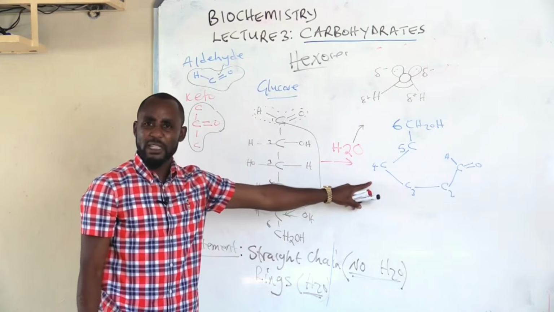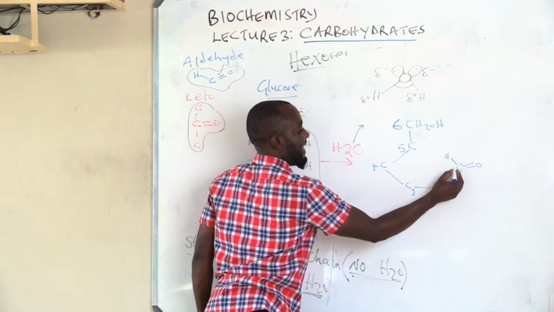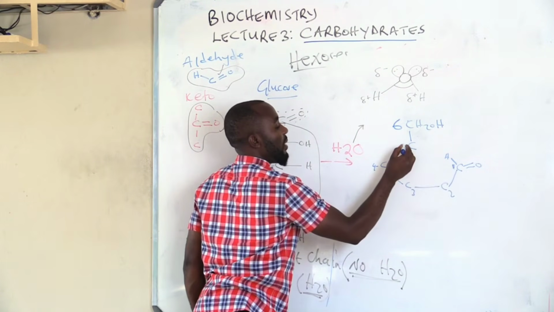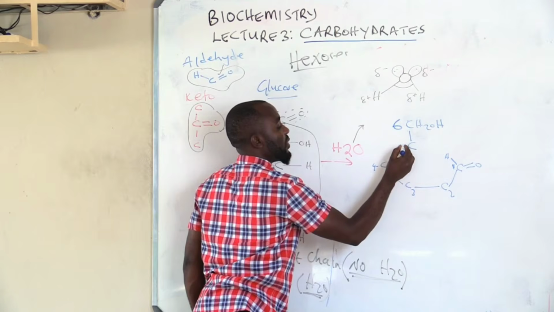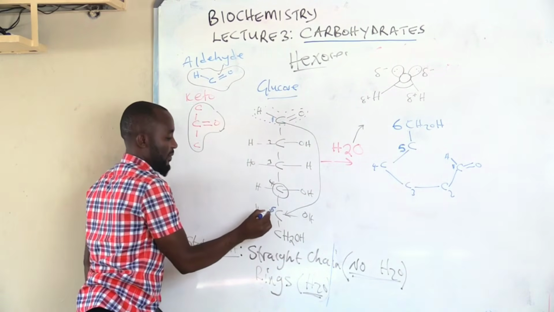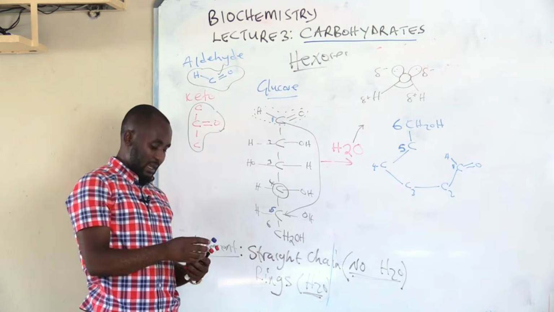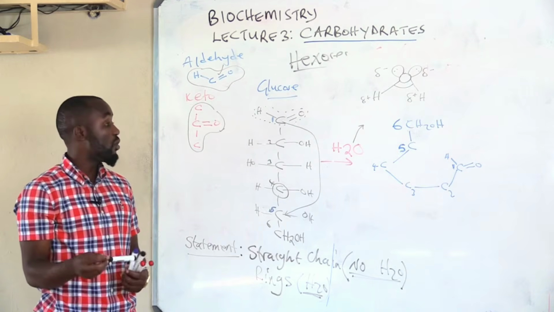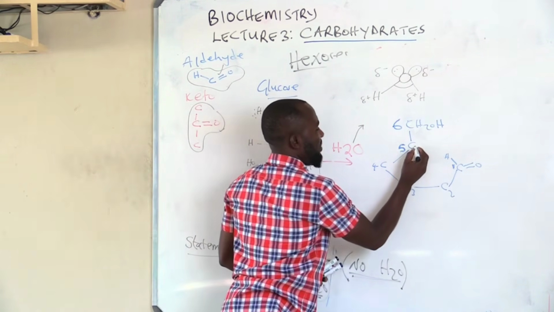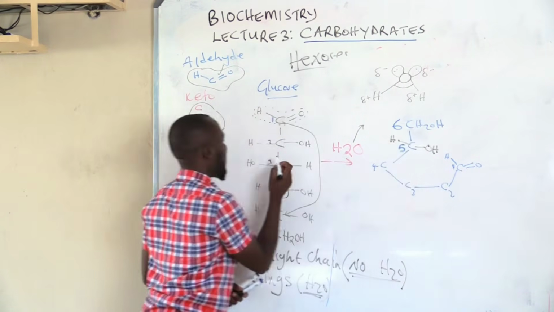Why does the sugar fold like that? Because when it folds like that, the essence is to position carbon number 1 close to carbon number 5. Because we are saying that what reacts is carbon number 1 and number 5. And when they are positioned like that, because on number 5 we had OH and H. This is what is here.